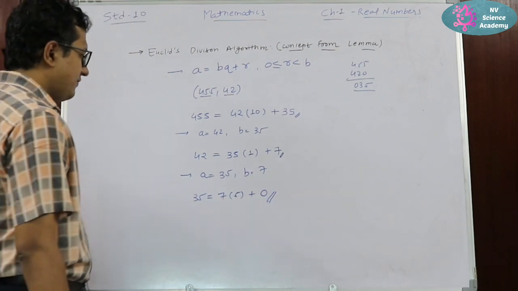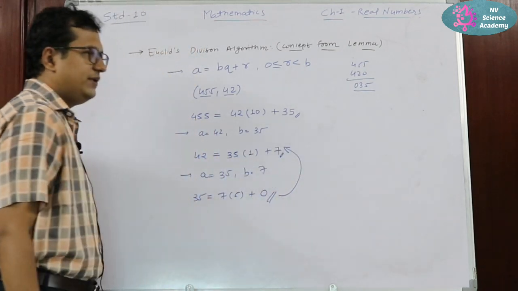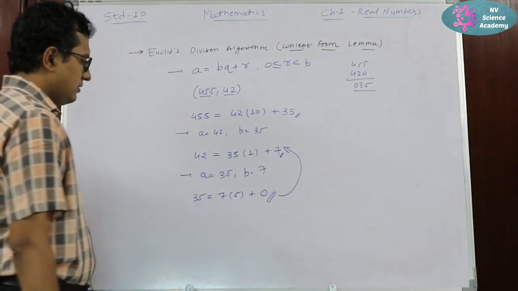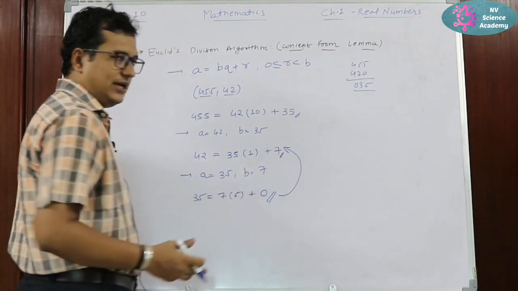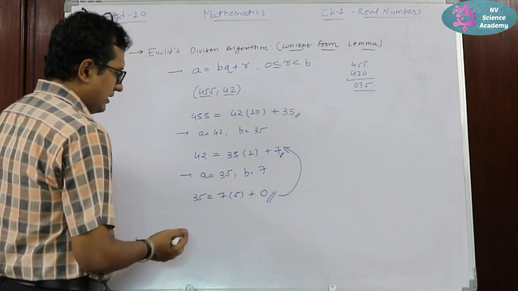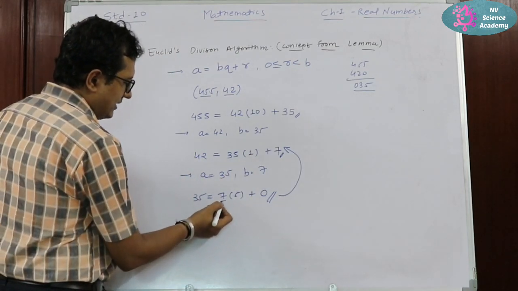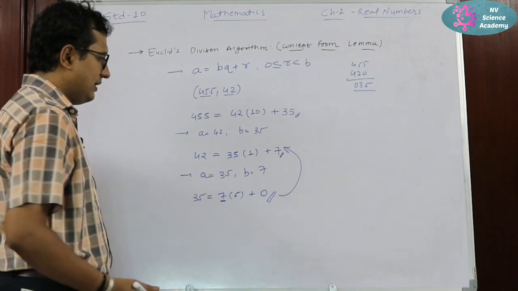So the HCF is the non-zero remainder of the previous step, or you can say it is the divisor of the current step. So we can find out the HCF.